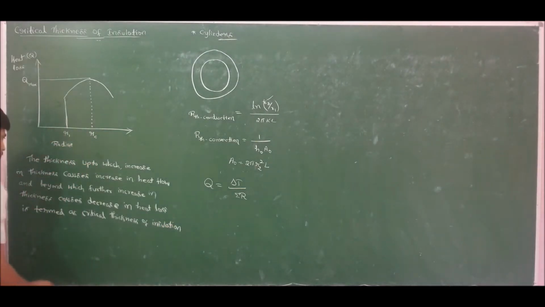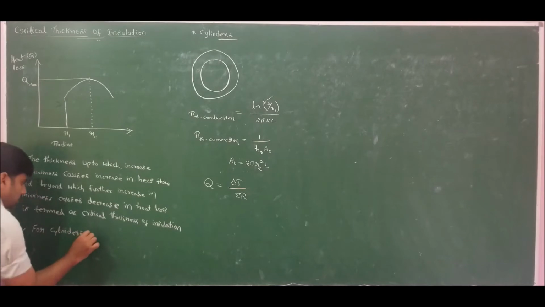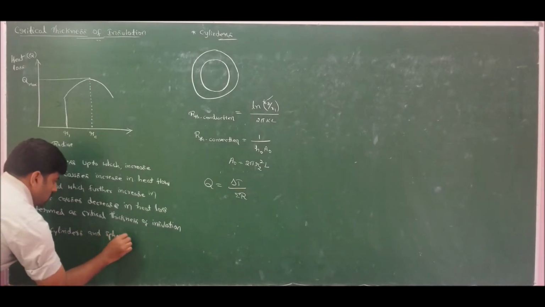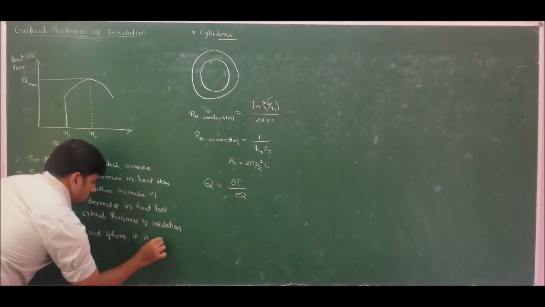For cylinders and spheres, we call it the critical radius.